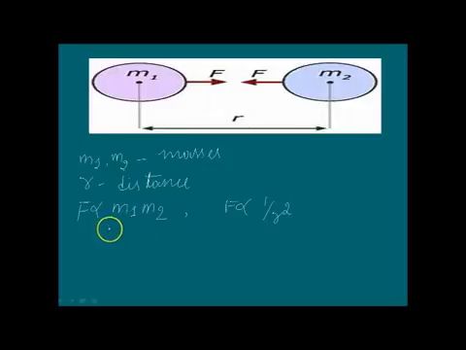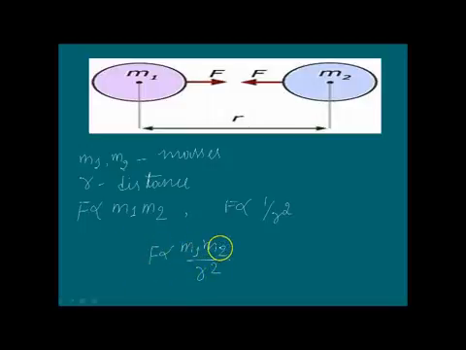So we can write F is directly proportional to m1 m2 divided by r square, isn't it?